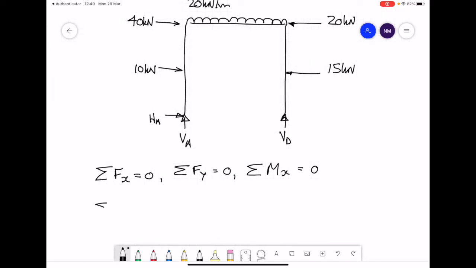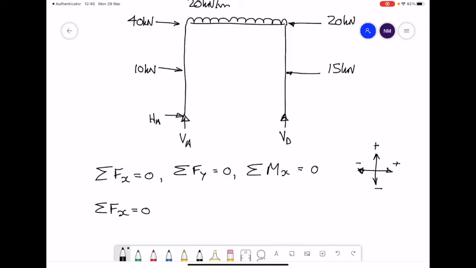Considering the first of these three equations, we're looking at all the forces going horizontally. Remember the sign convention. Forces going to the right are positive, back to the left are negative, going up is positive, and going down is negative.